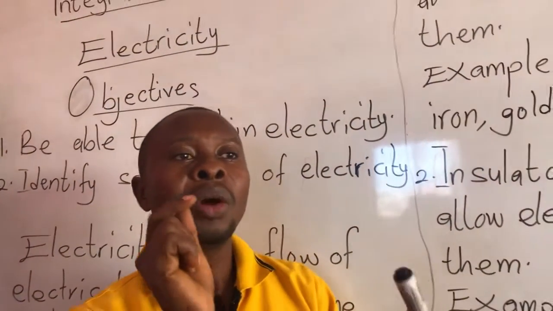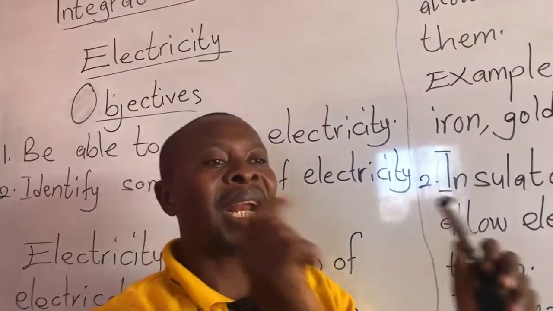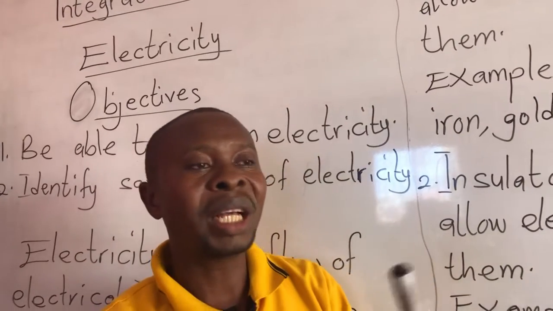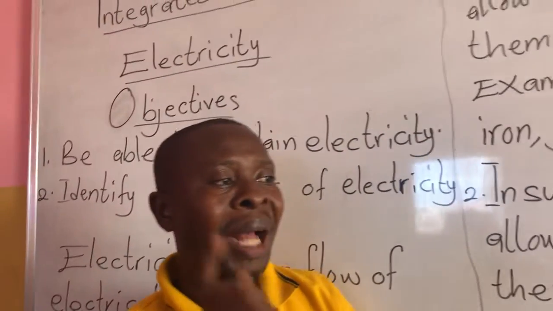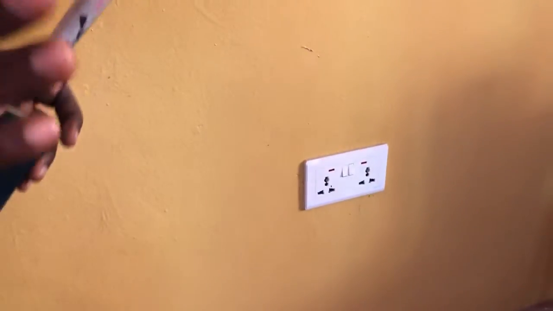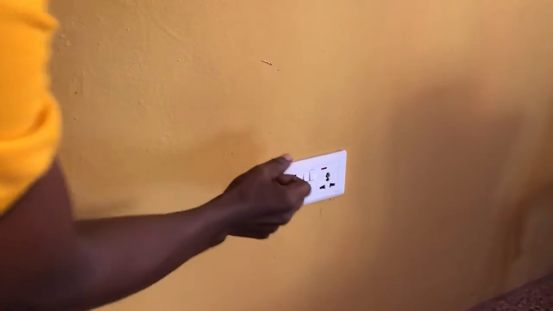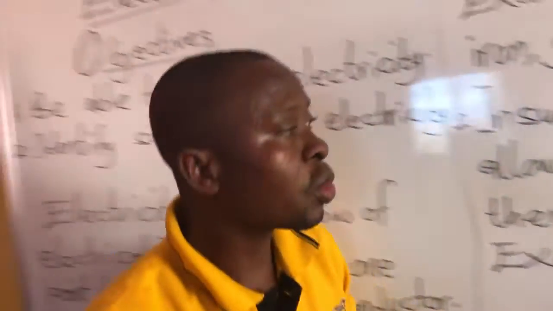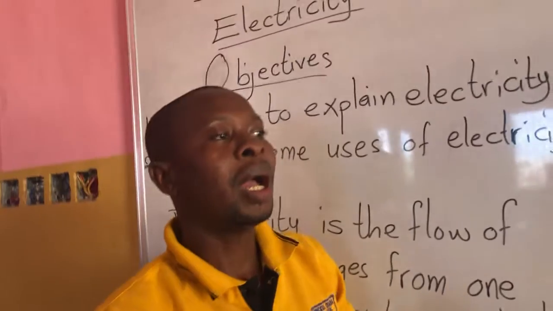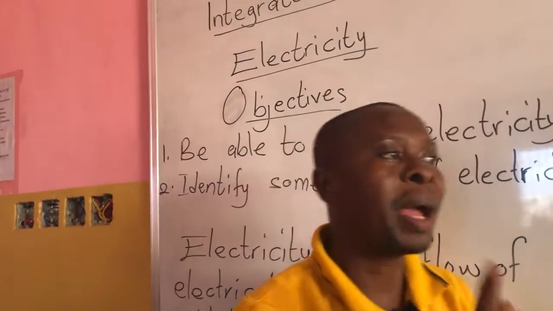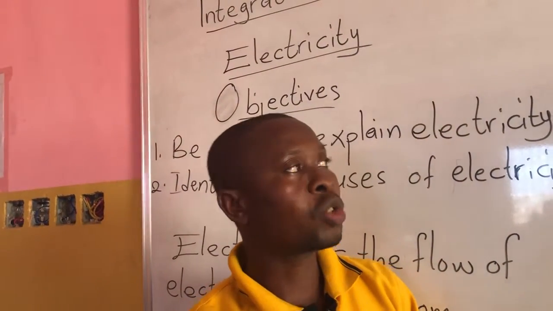So the nail is a conductor. It allows the electricity to pass through and get into contact with you. But when we use a pencil or pen, you will not feel anything. When you use the nail, you feel that something is hitting you. So the nail is a conductor and the pen or the pencil is an insulator.